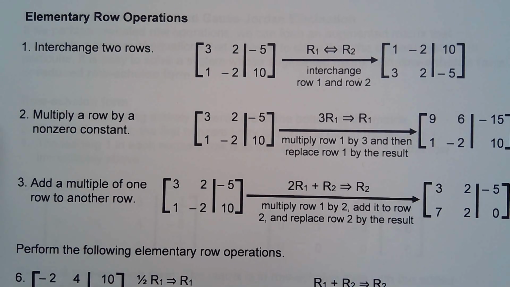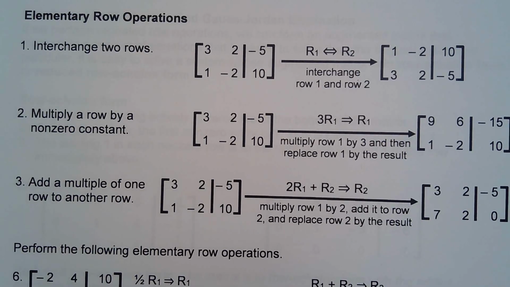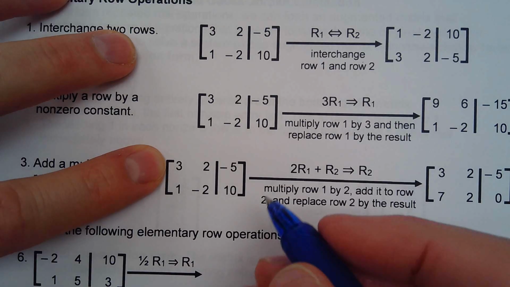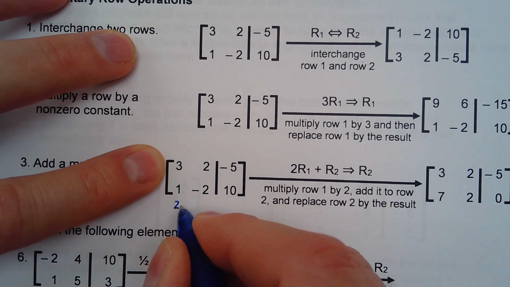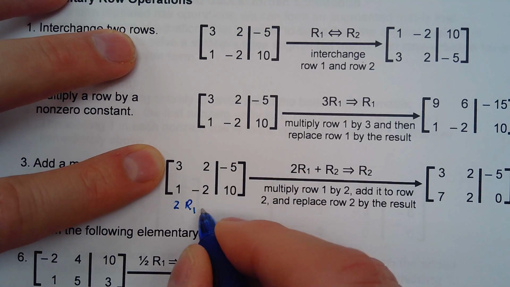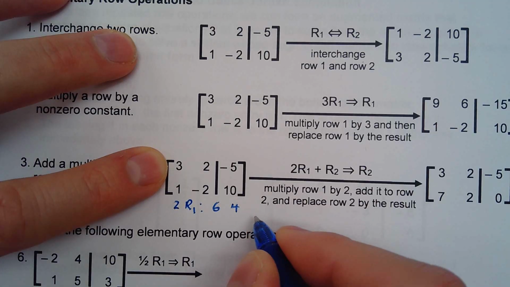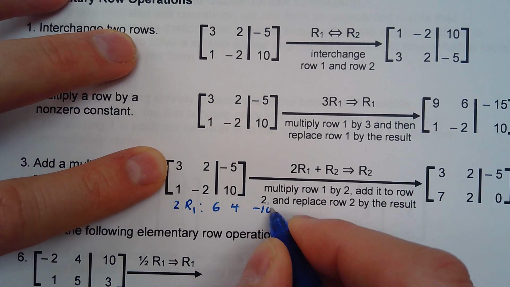And then we can add a multiple of a row to another row. So we take 2 times row 1 plus row 2, and that becomes our new row 2. Let's do the math on that. If I take 2 times row 1, that would be 6, 4, negative 10.